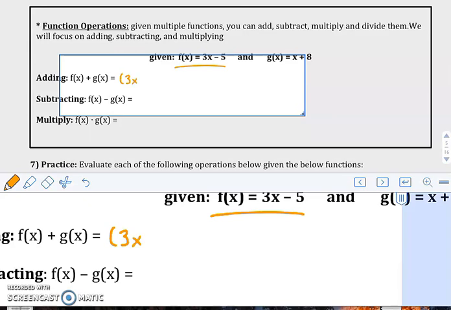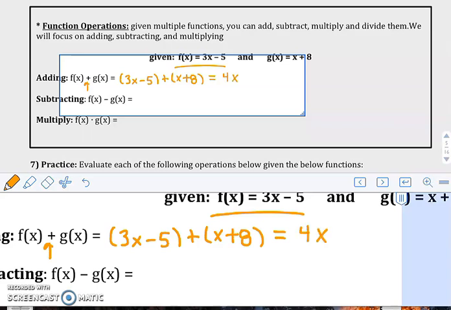So 3x minus 5, and then plus the g of x, which is x plus 8. And then all you do is add your like terms. So what can you add together? You can add the 3x plus the 1x to get 4x. The negative 5 plus 8 is 3.